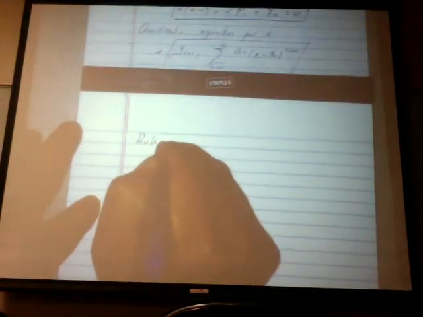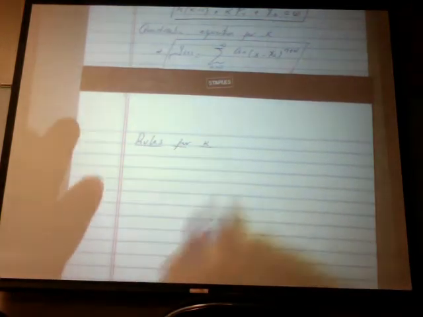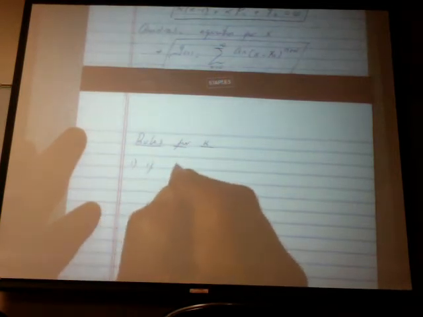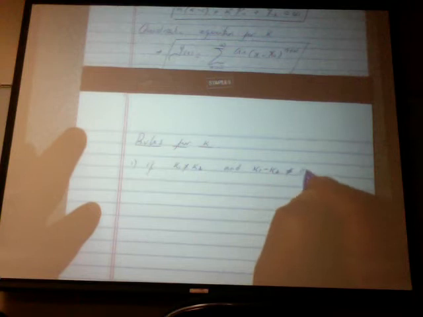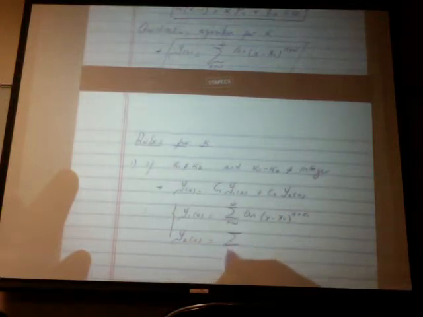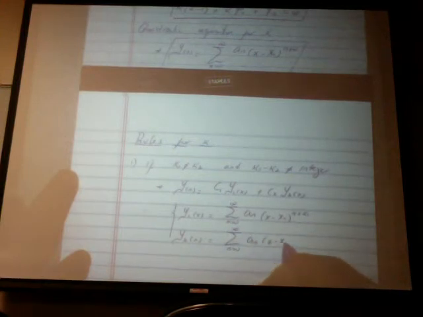By the way, rules for k. 1. If k1 is different than k2 and k1 minus k2 is not an integer, then y(x) is equal to c1 times y1(x) plus c2 times y2(x), such that y1(x) is equal to the summation from n equals 0 to infinity of a_n (x-x0)^(n+k1), and y2 is equal to the summation from n equals 0 to infinity of a_n (x-x0)^(n+k2).